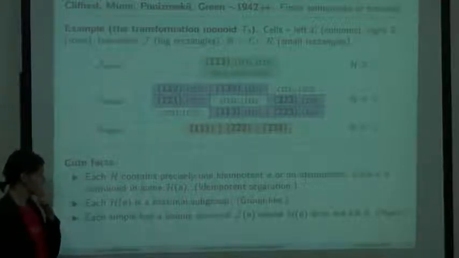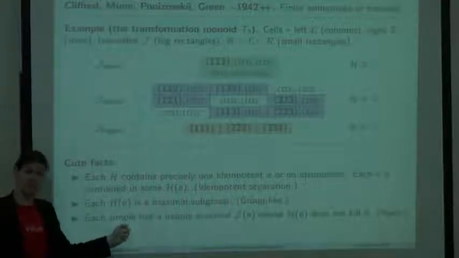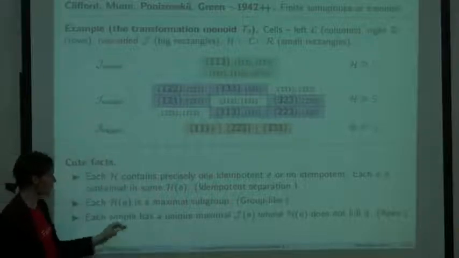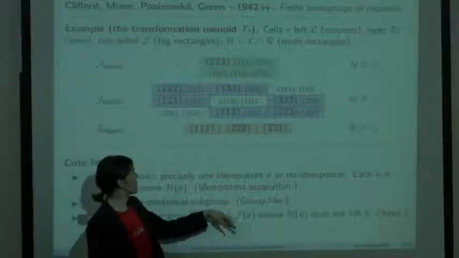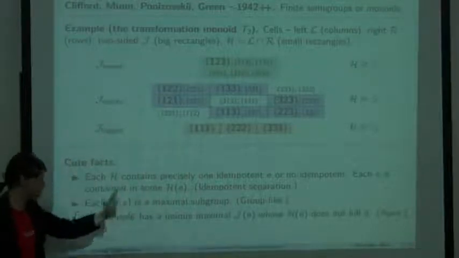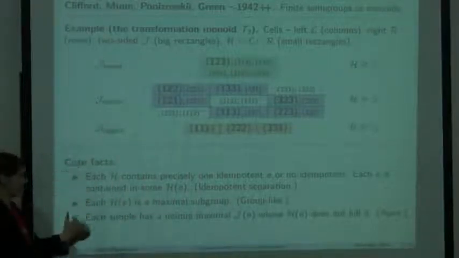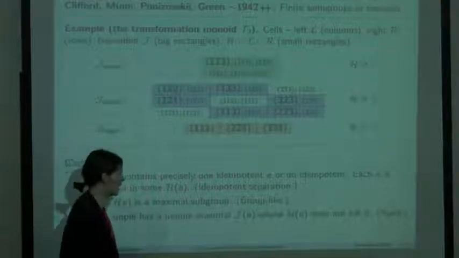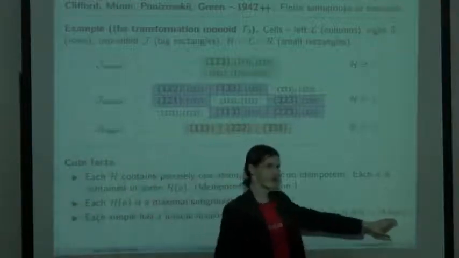And he also tells you that each simple, and that's what we are up for, of our semigroup has a maximal two-sided cell such that the idempotent in this cell doesn't annihilate your simple module. So you get an ordering on the simple modules. And this maximal two-sided cell is usually called the apex.